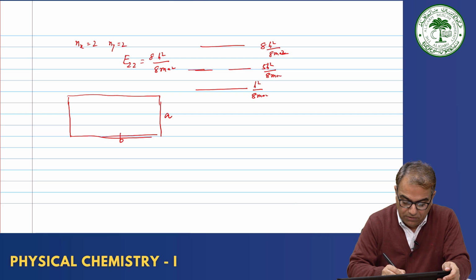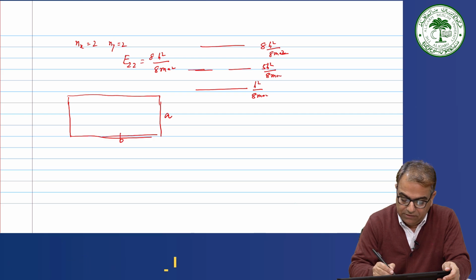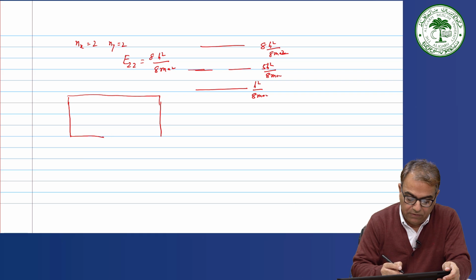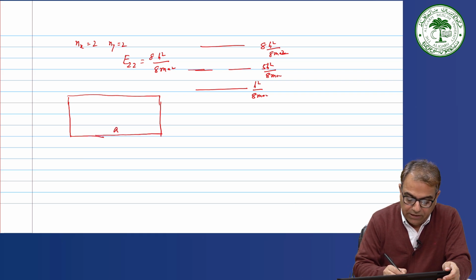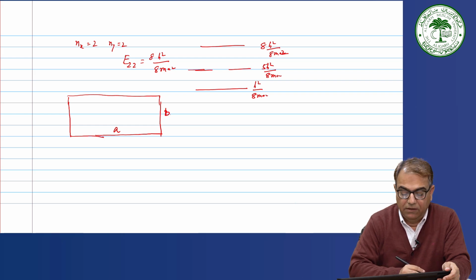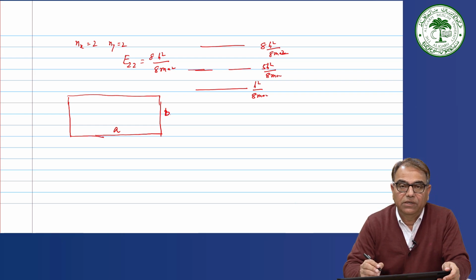So let me write it the other way around, that will be easier for me. This is A on the x-axis, on the y-axis you have B. Now how will you write the Schrodinger wave equation solution of this particular model system?